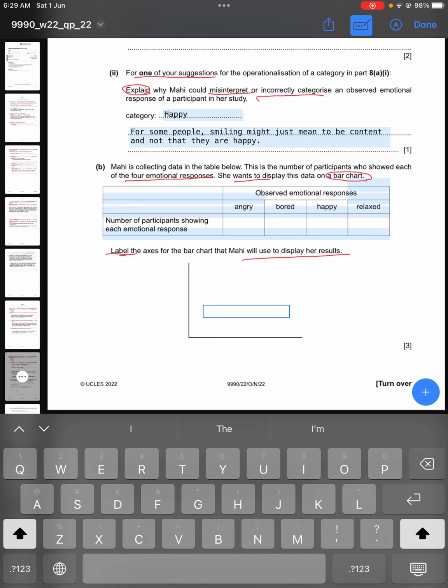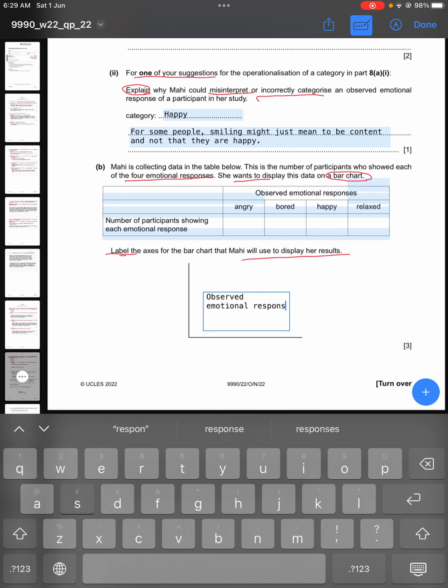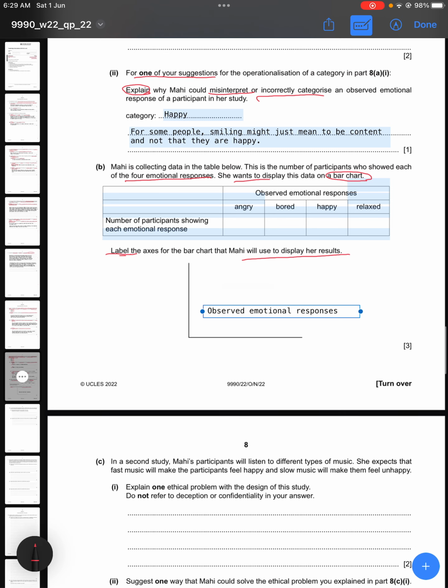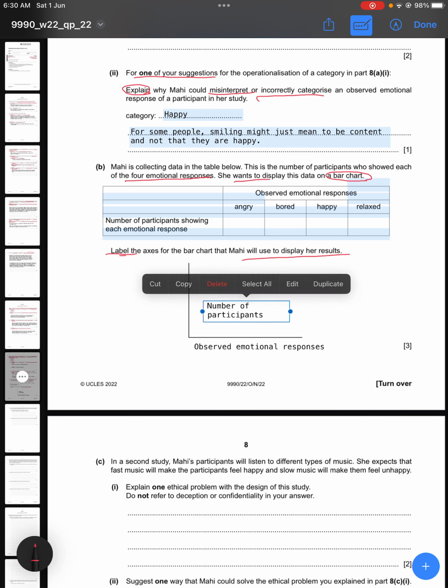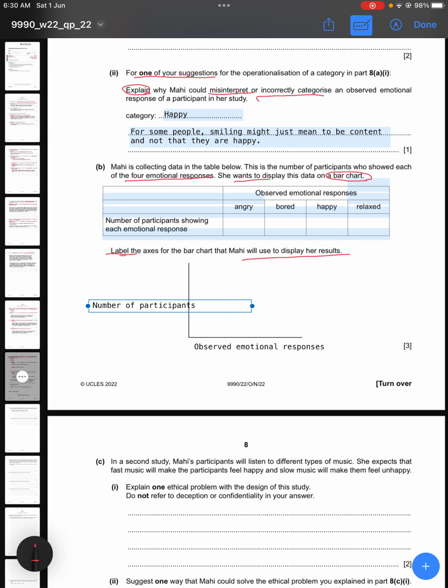So over here, observed emotional responses will be on the x-axis and number of participants on y-axis.